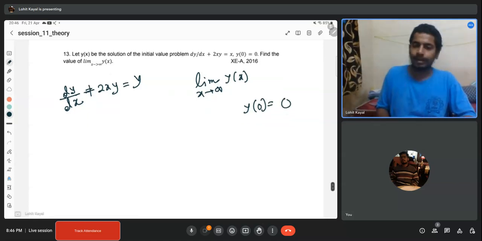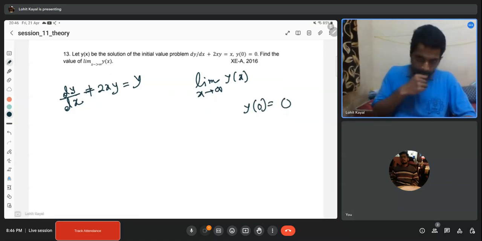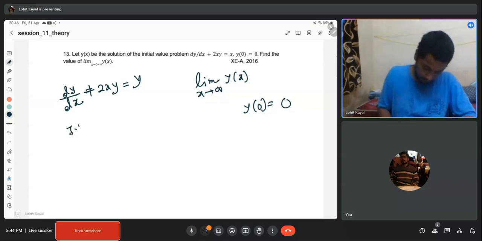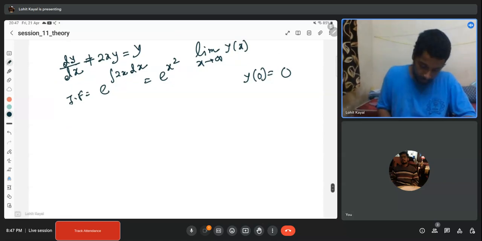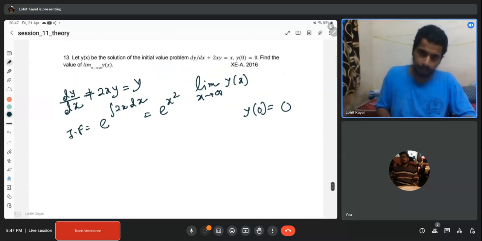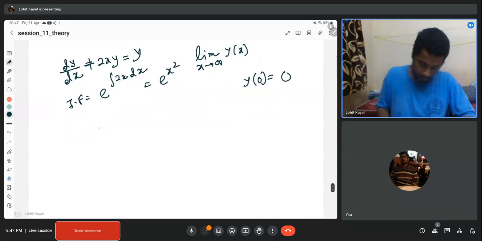So I need to find the integrating factor, and the IF will be e to the power integration of 2x dx. You all know these things. This is just a very simple problem. So e to the power x square. I need to multiply the integrating factor on both sides.